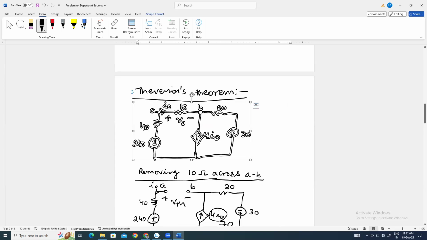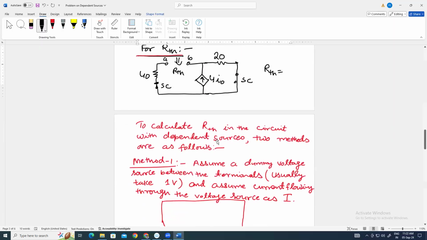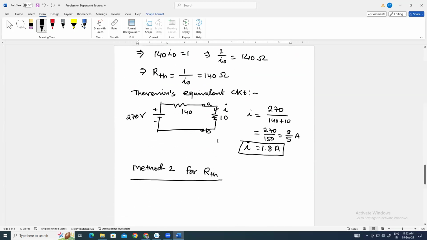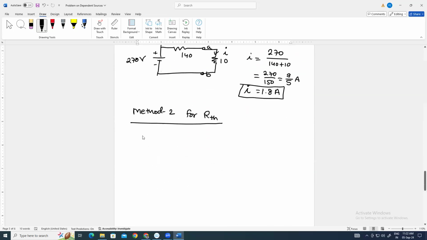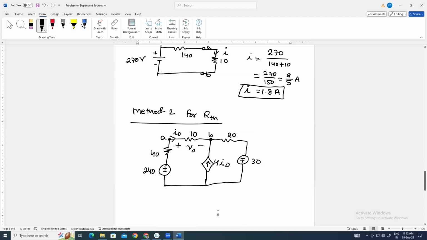Okay, so this circuit, copy and paste here. So what we will do, we will remove the element connected between these two terminals.